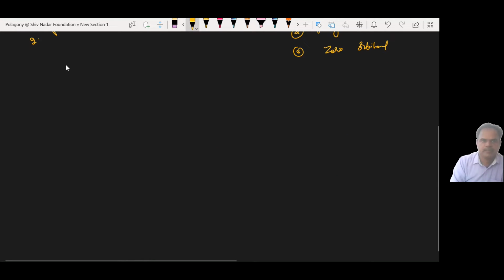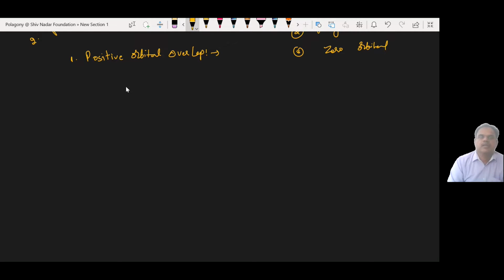As I mentioned, number one is positive orbital overlap. So what is this positive orbital overlap? Generally the word positive indicates the probability of the electron in a particular direction. For example, take the s orbital.